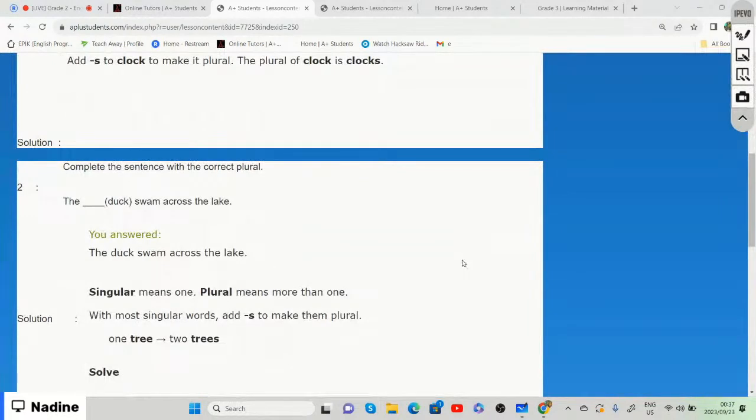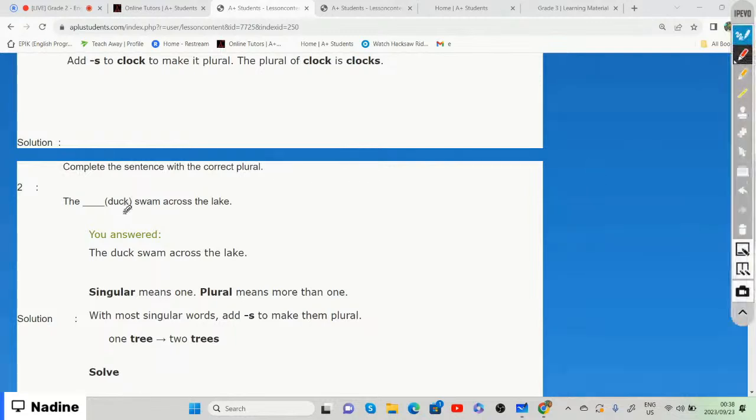The duck swam across the lake. That's the word duck, or the ducks swam across the lake. All right, so when it says "the," and it is referring to singular, it is the duck swam across the lake.